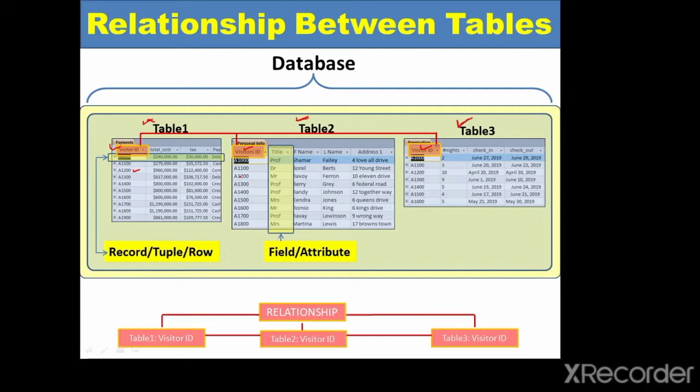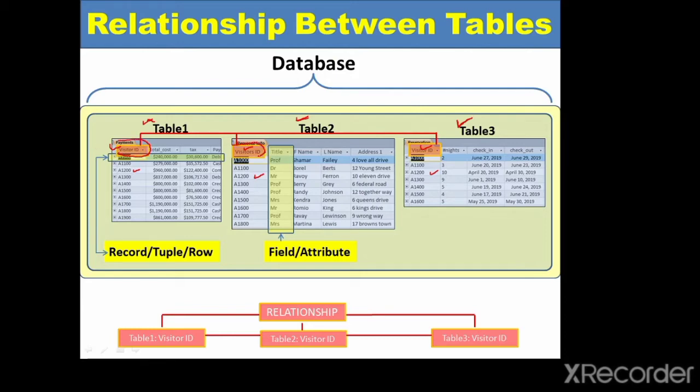If you look for visitor ID A1200 here, it's showing you the name of the person and the address. And visitor A1200 here is showing you the number of nights that they stayed and the duration of the stay. So even though it's broken up into 3 different tables, it's still referring to the same person, and it's able to connect all 3 tables using the visitor ID.